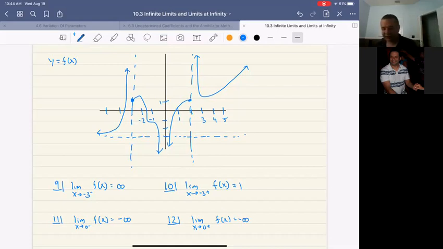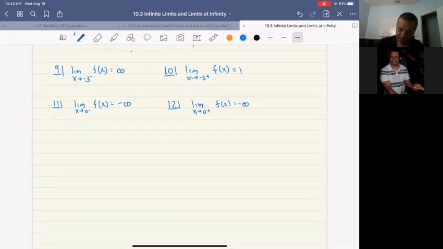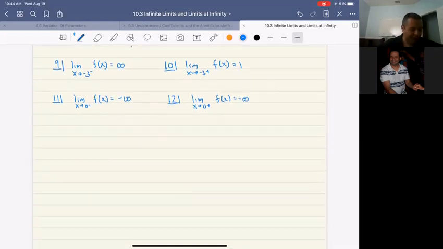All right, let's continue. Number 18. This goes away from this graph. So number 18 gives us the limit as x approaches 3 from the left of 2x over x minus 3.